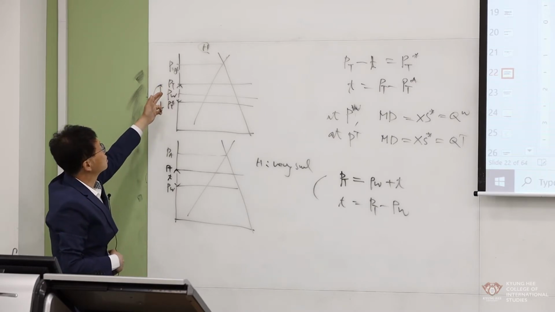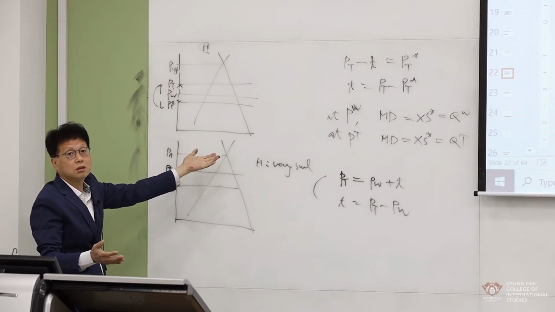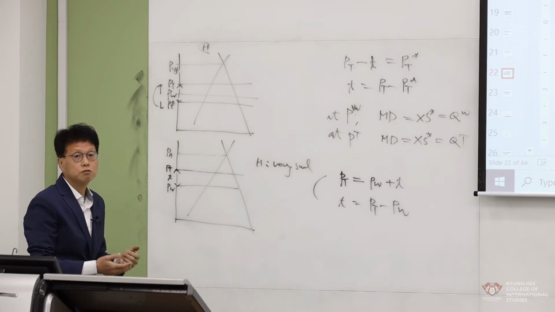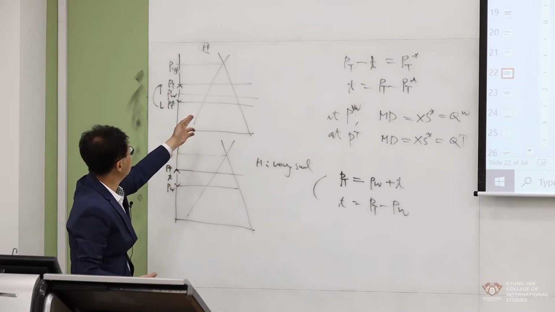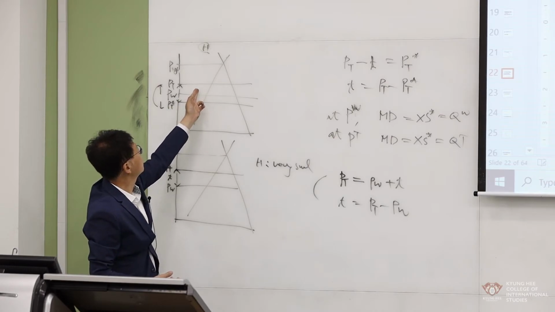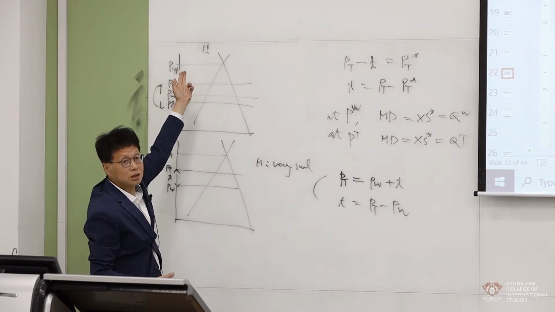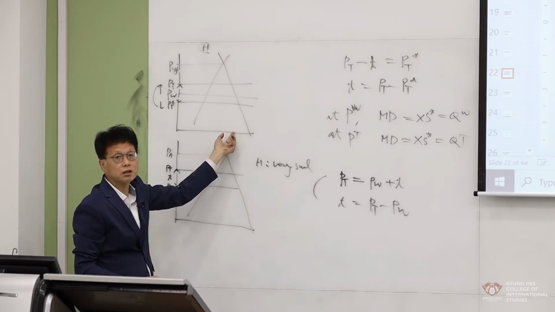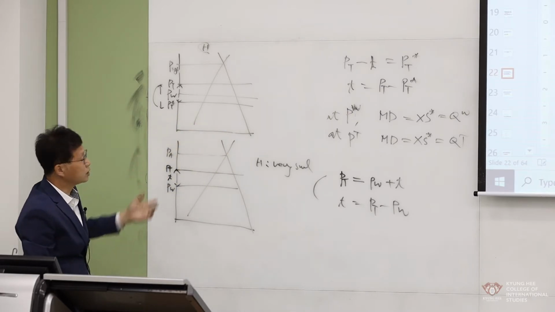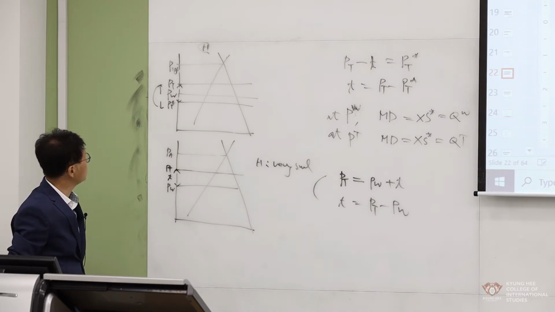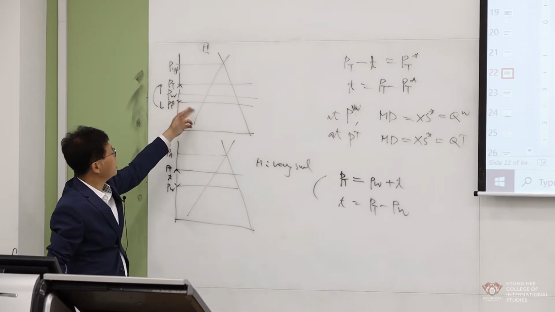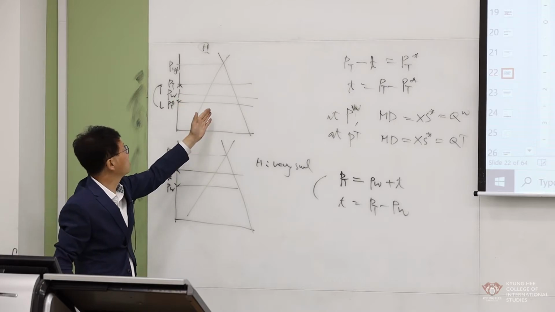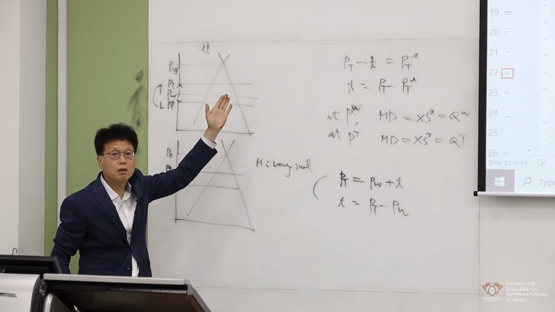So consumers are losers. Inefficient domestic producers are winners. Why? For consumers, the price increases and the consumption amount decreases compared to the free trade case. And domestic inefficient producers are winners because the price increases and they can produce and sell more.